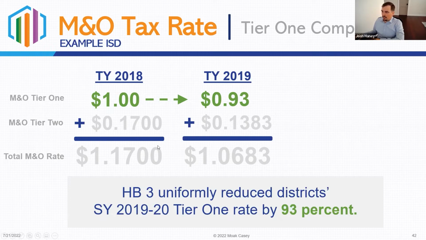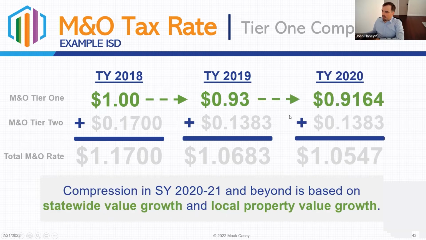Your mileage may vary here, but with this example, prior to House Bill 3, most every district had a tier 1 rate of $1. Everybody saw a compression of 7% down to 93 cents. Some districts saw tier 2 compression. We'll talk about that more in a little bit, but everybody saw this compression down to 93 cents.